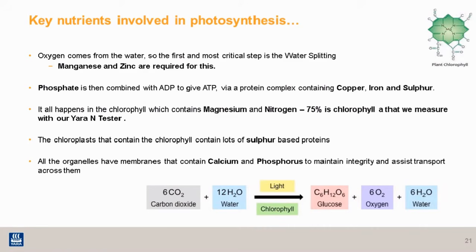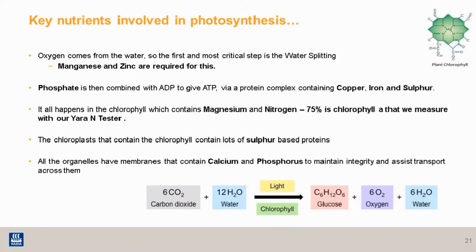So again, three nutrients there that we're all becoming familiar with. Sulfur we know is deficient, so we need to make sure we've got an adequate supply of sulfur. Iron is very rarely a problem for us, but again, it's a critical nutrient. And then copper, perhaps more familiar, where we see deficiency on a more regular basis. So again, more nutrients mentioned there in terms of making sure this process continues smoothly.